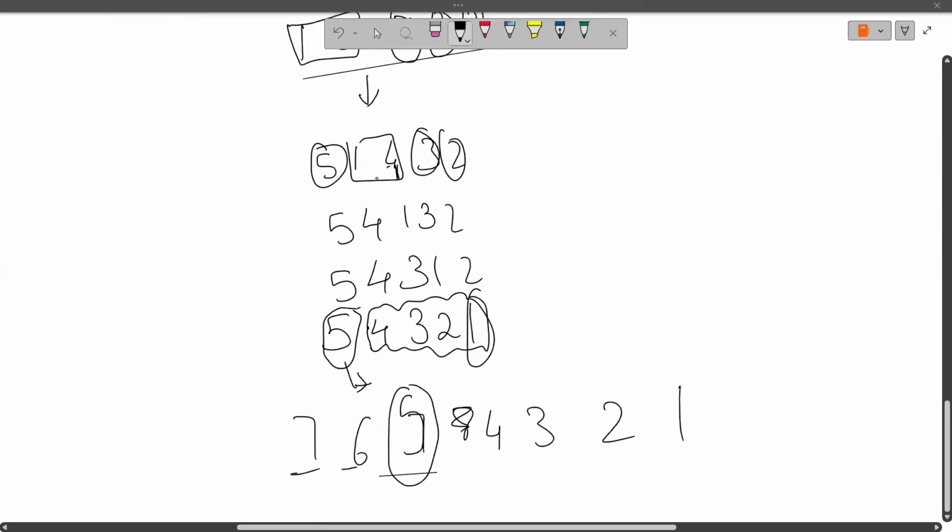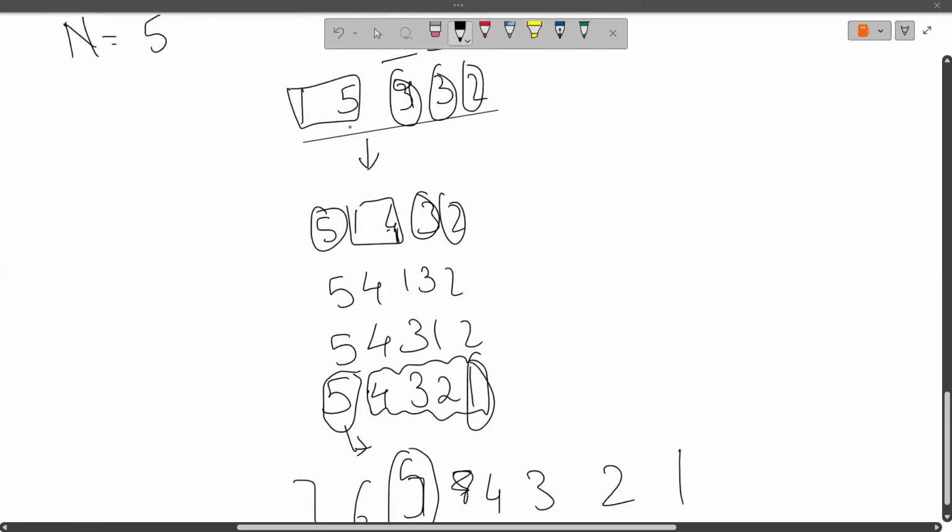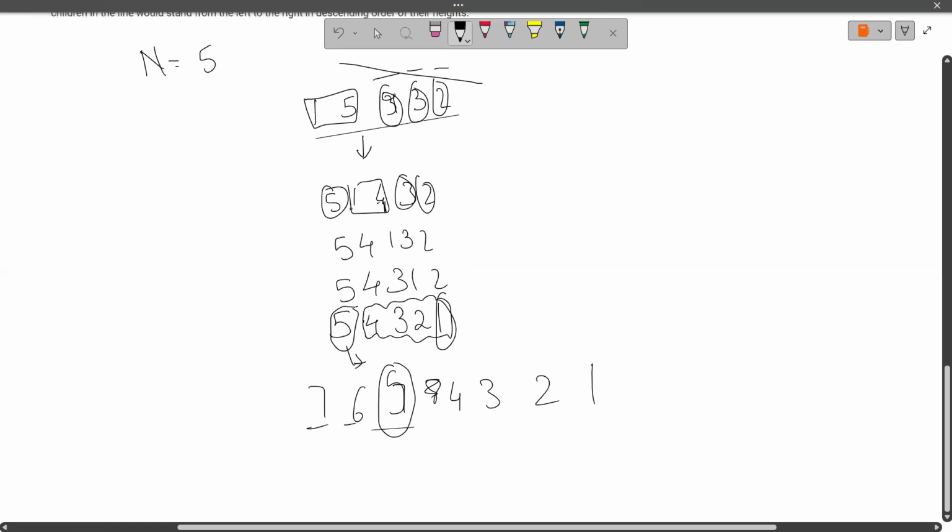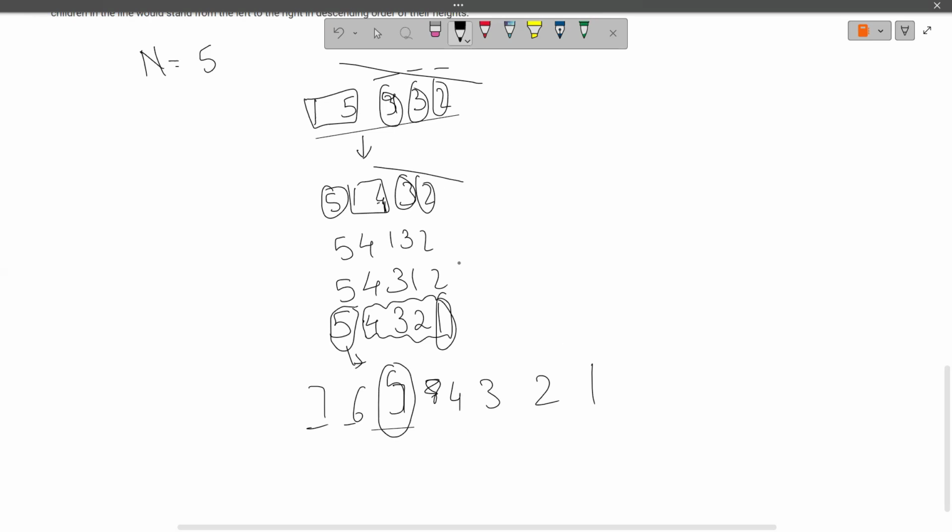See, here the decreasing sequence initially is of length 4. Here the decreasing sequence is of length 3. Here the decreasing sequence is of length 2 only. Not like that? Then how? So in the first case it is 4. In the second case also 5, 4, 3, 2 are there basically.